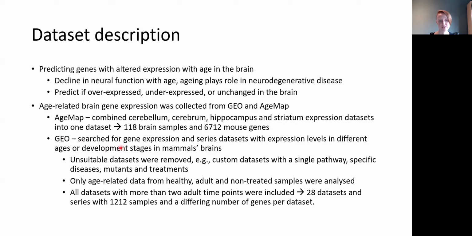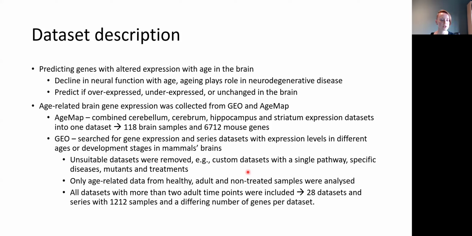From GEO, they searched for gene expression and series datasets with expression levels in different ages or developmental stages. So they had data across a few different time points. They then removed any unsuitable datasets, so things that had single pathways or specific diseases or mutants and treatments.